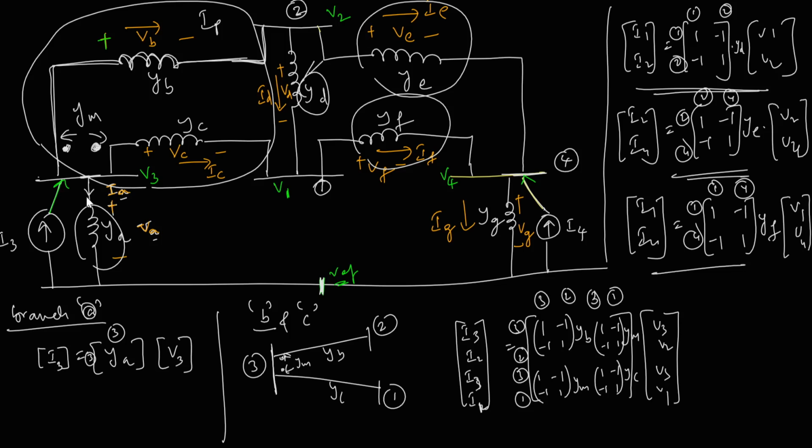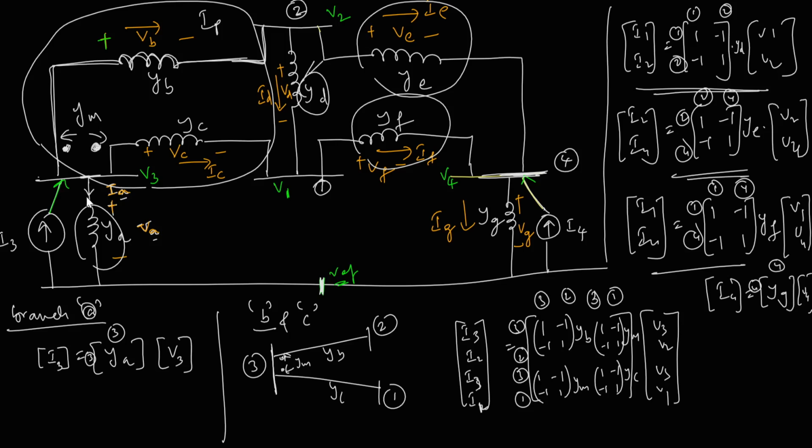This is the building block for the F branch. Now the G branch is again similar to the A branch, which is connected between 4 and the reference. So simply I4 equals YG, at 4 4, multiplied by V4.